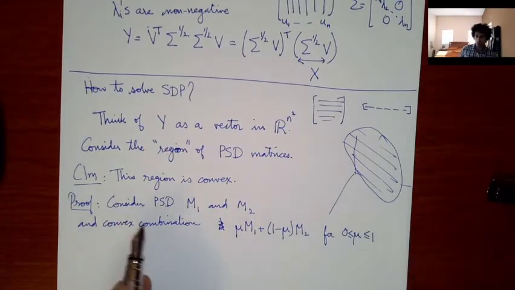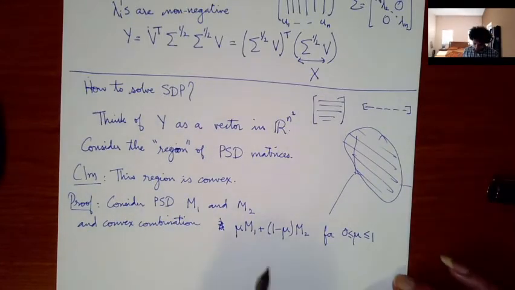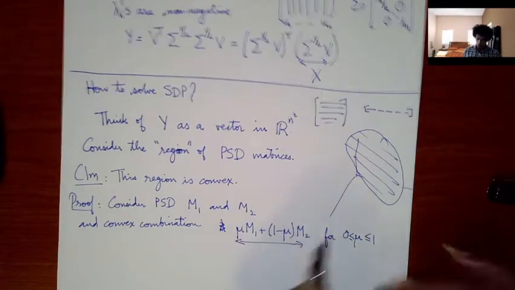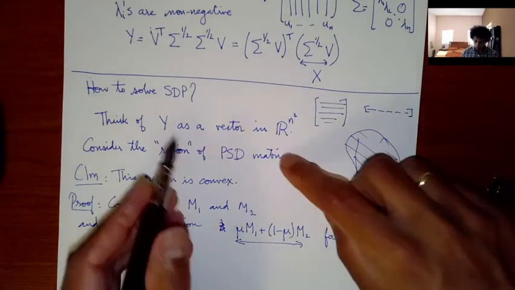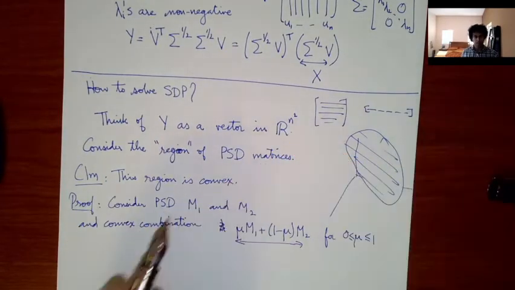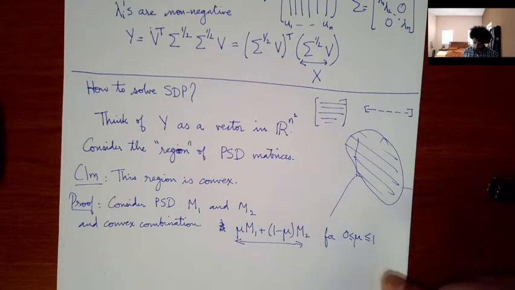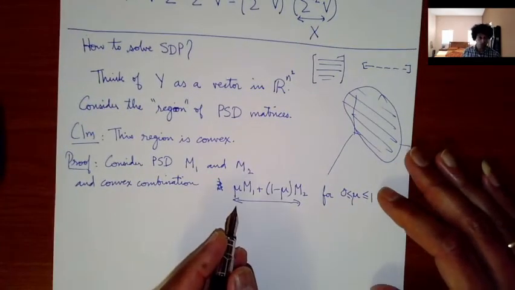To prove that it's convex, I just need to show that all convex combinations lie in the set. I'm going to switch between this vector in n squared and a matrix, and show that this matrix is PSD.